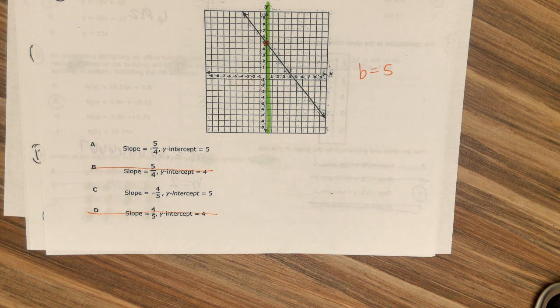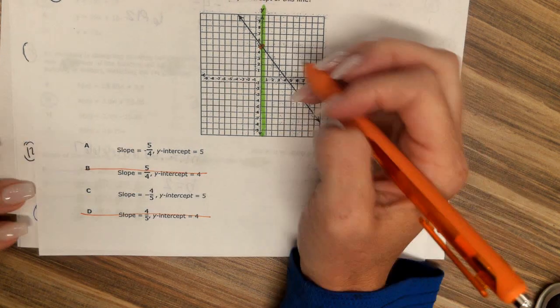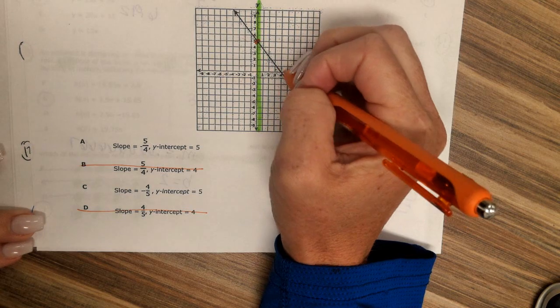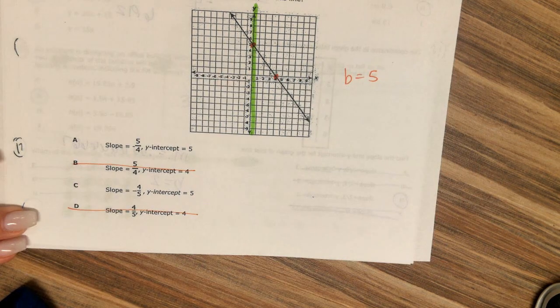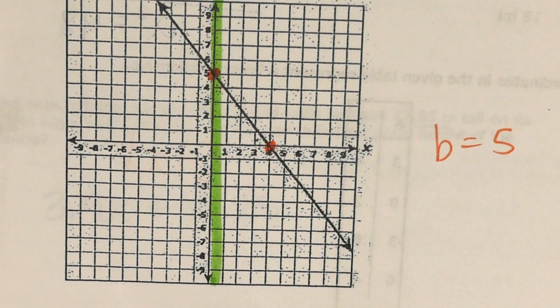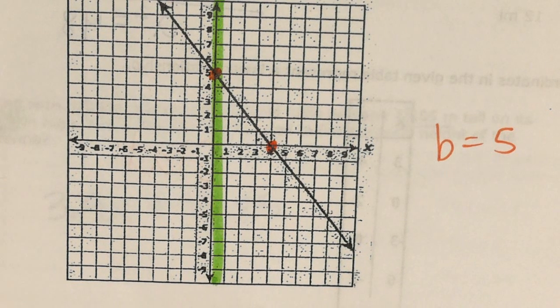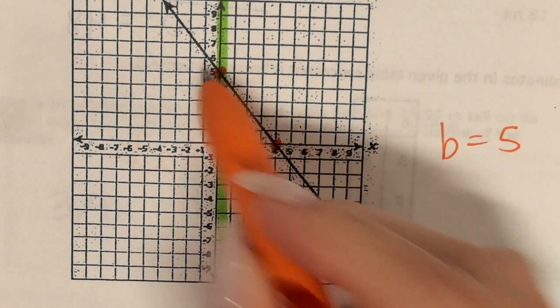Now for slope. I can use stat or I can use rise over run. Which one would probably be easier? I would think rise over run. That's just me. I already have this dot, I just need one more dot. Here it is. I'll zoom in so y'all can see. Now I'm just going to count the rise from this dot to this dot.